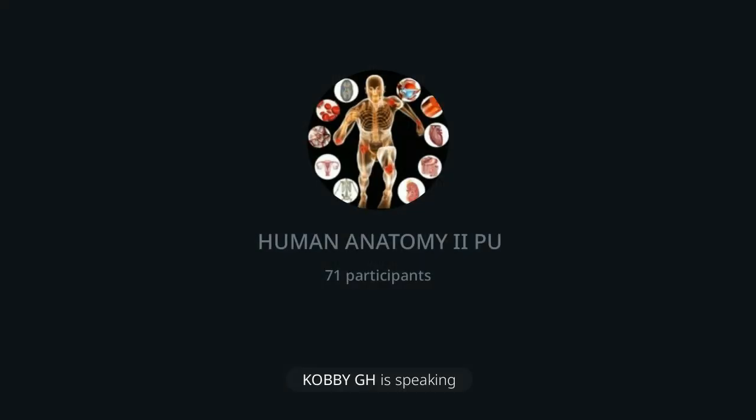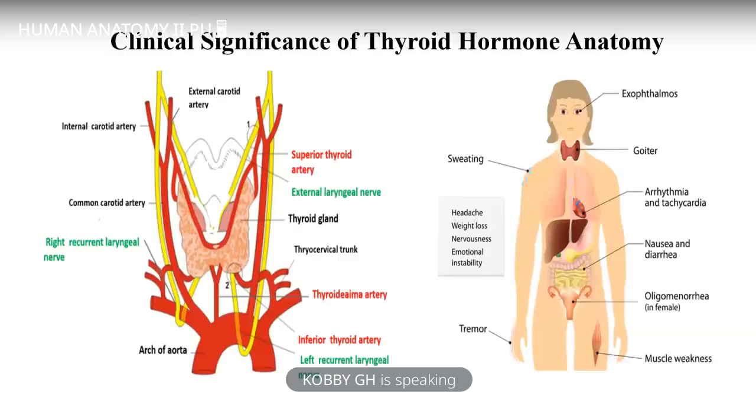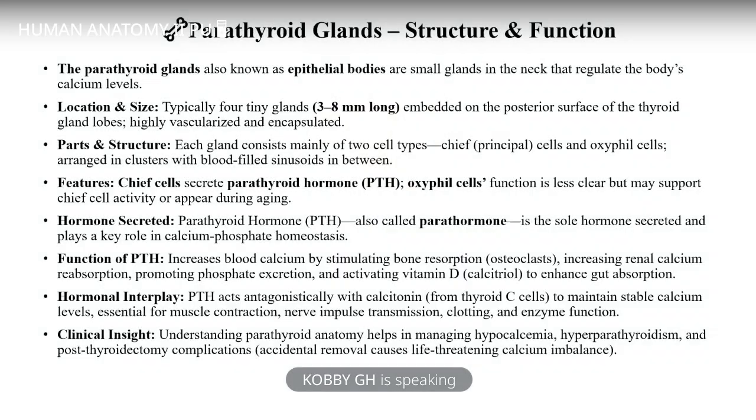We said this gland is also called epithelial bodies, because there is another gland that has cells we call epithelial cells, which is the thyroid gland. The follicular cells are also called epithelial cells, so if you are not careful, this will confuse you.